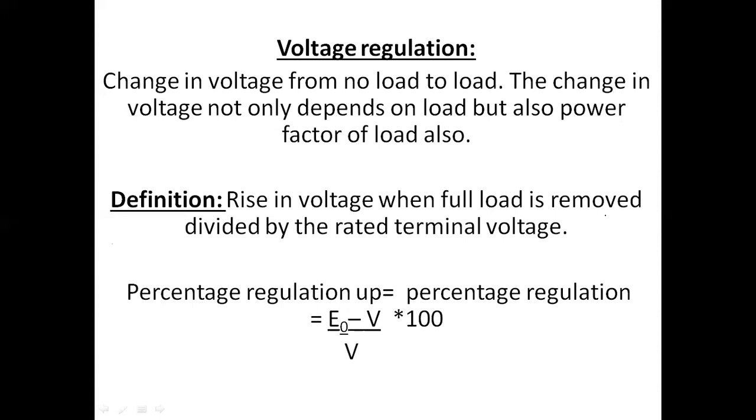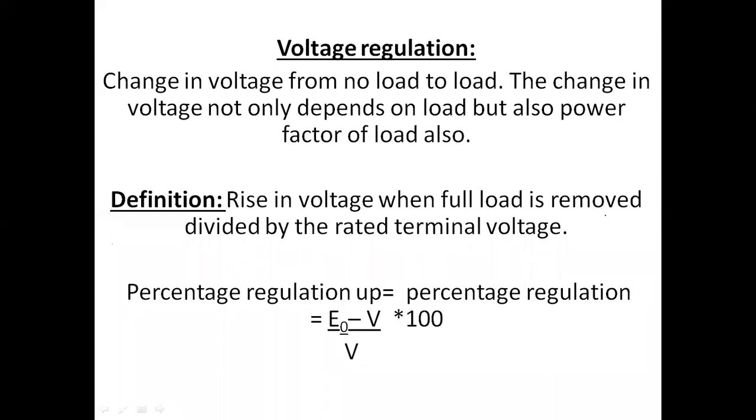Okay, we have to note that this E naught minus V is the arithmetical difference, not the vectorial difference. What we have seen in the earlier vector diagrams is not the vector difference, it is the arithmetical difference. Suppose in a leading load power factor, the terminal voltage will fall on removing the full load. So regulation is negative in this case.